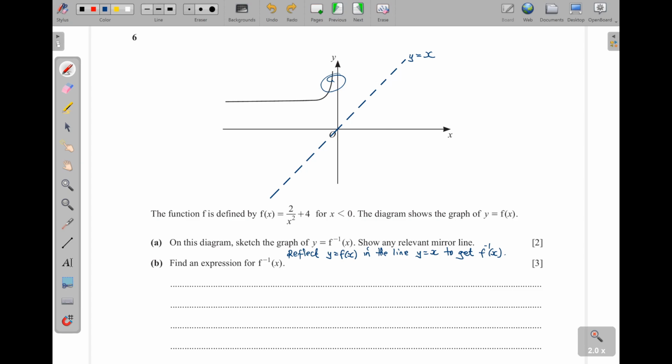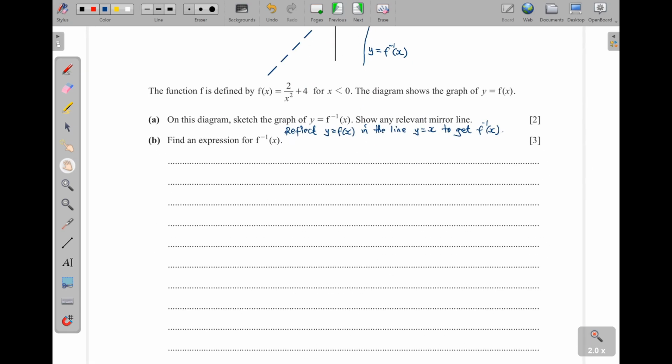So I will have it around here, and then it will go like that, because even here it is going like that. So that will be my y equals f inverse. This is our mirror line.